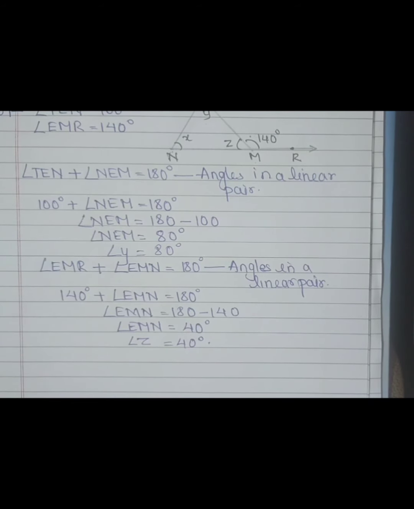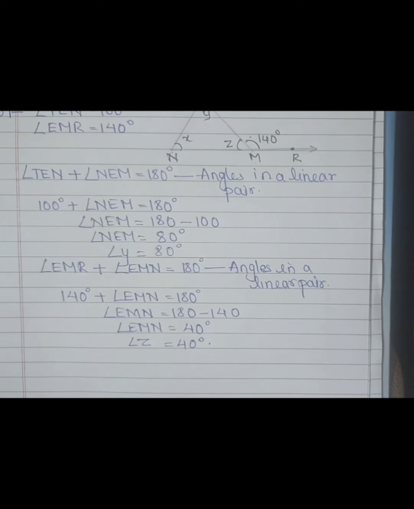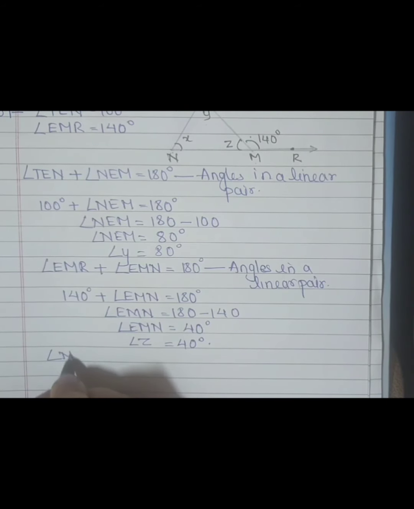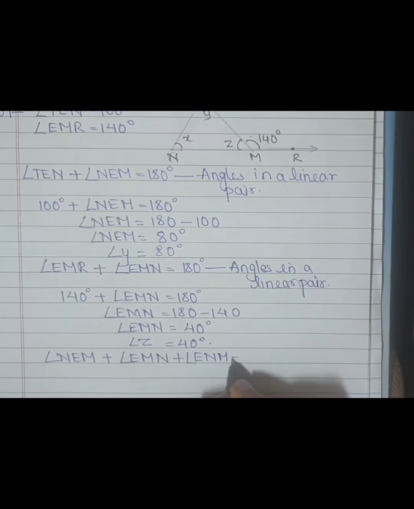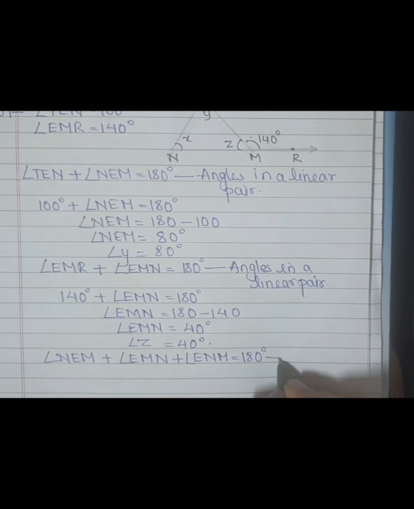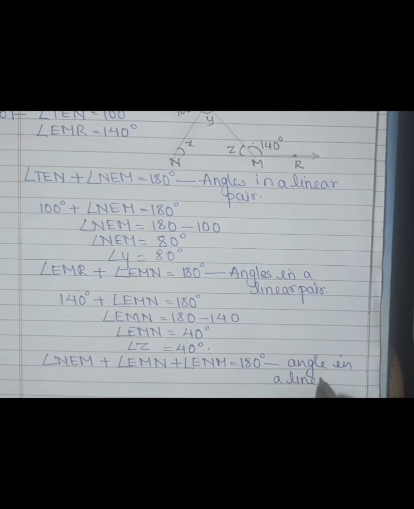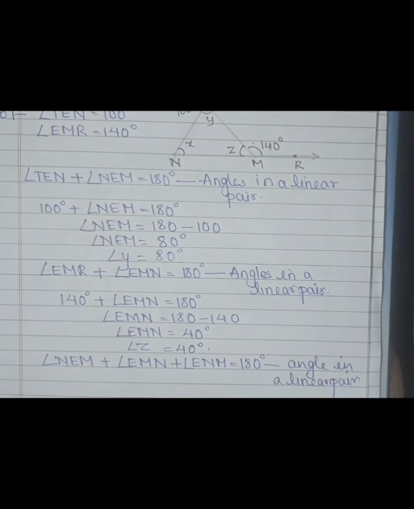Next we are going to take another angle to find the value of x. So we are going to take angle NEM plus angle EMN plus angle ENM equal to 180 degree, the angle sum of the triangle.